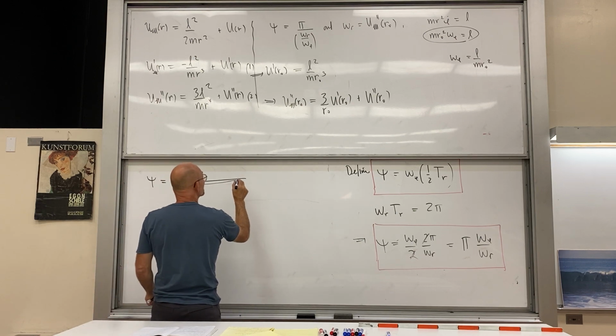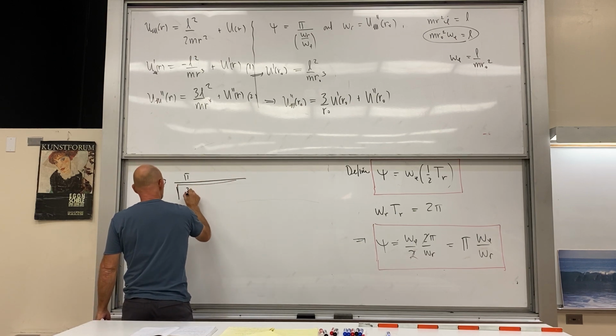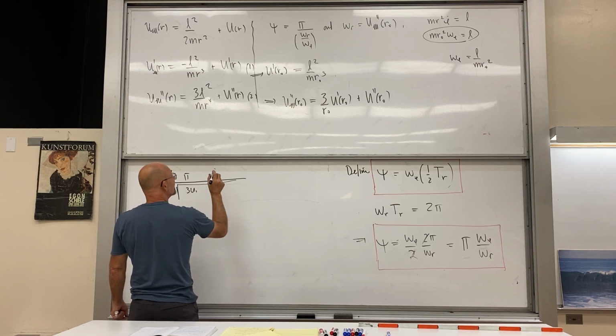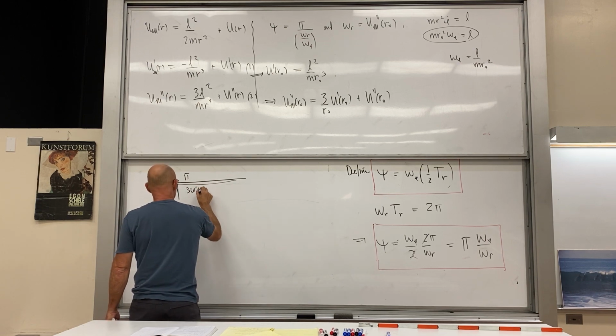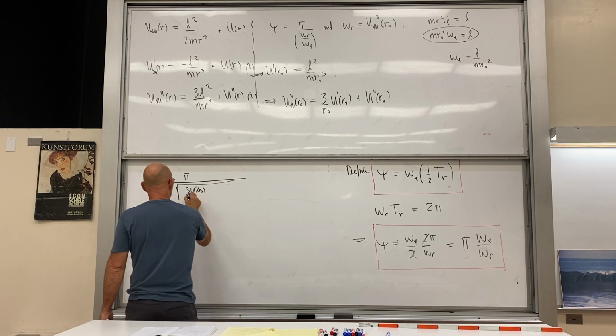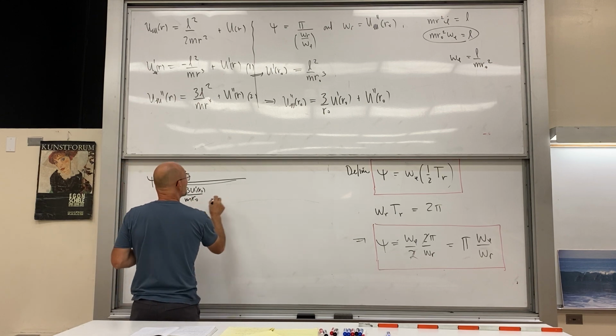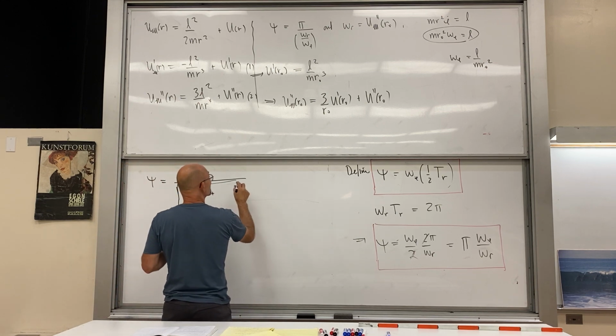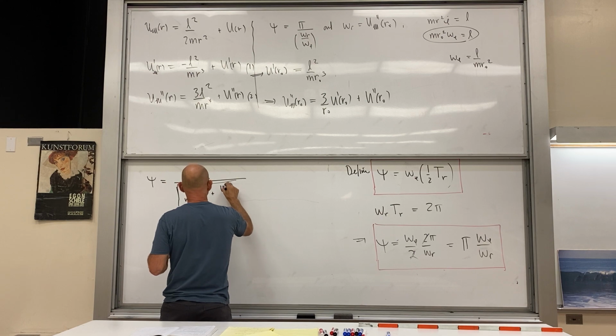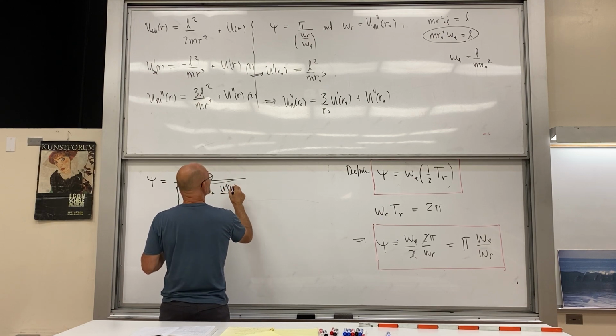Square root of 3 U prime of R naught over m R naught plus U double prime of R naught divided by m.